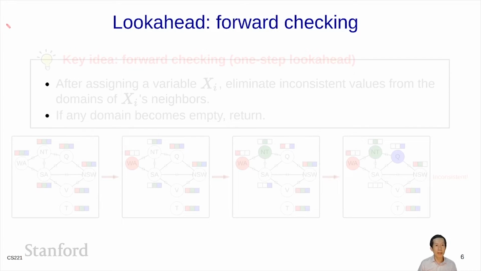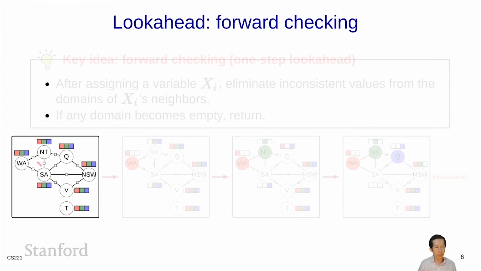We're going to introduce a simple form of lookahead called forward checking. Okay, so first we're going to visualize the domains of each of the variables with this set of valid colors above the respective variables. So in the empty assignment, all the values are allowed.